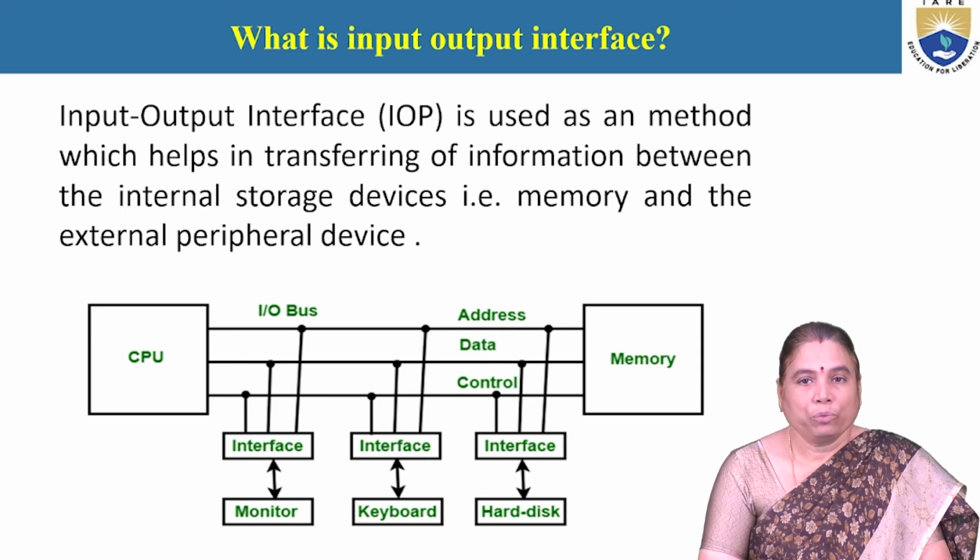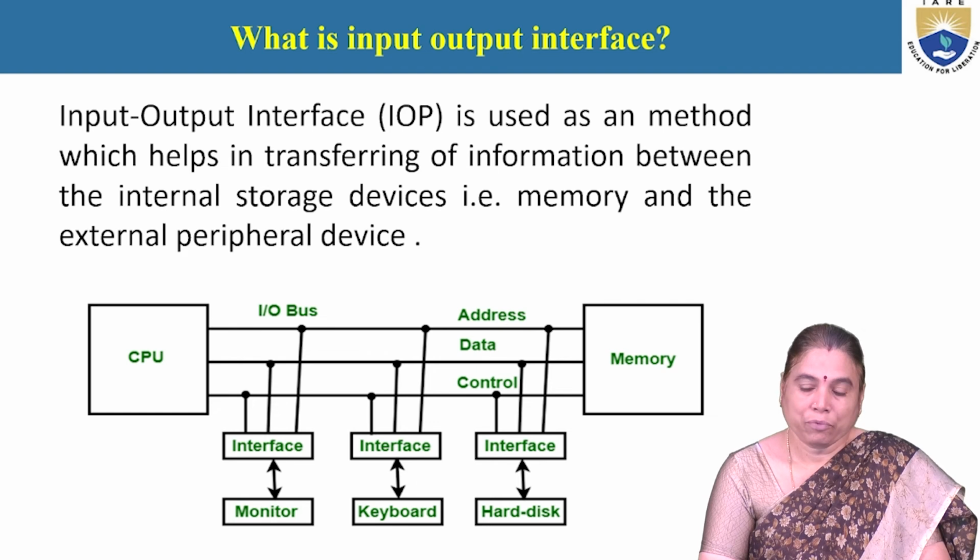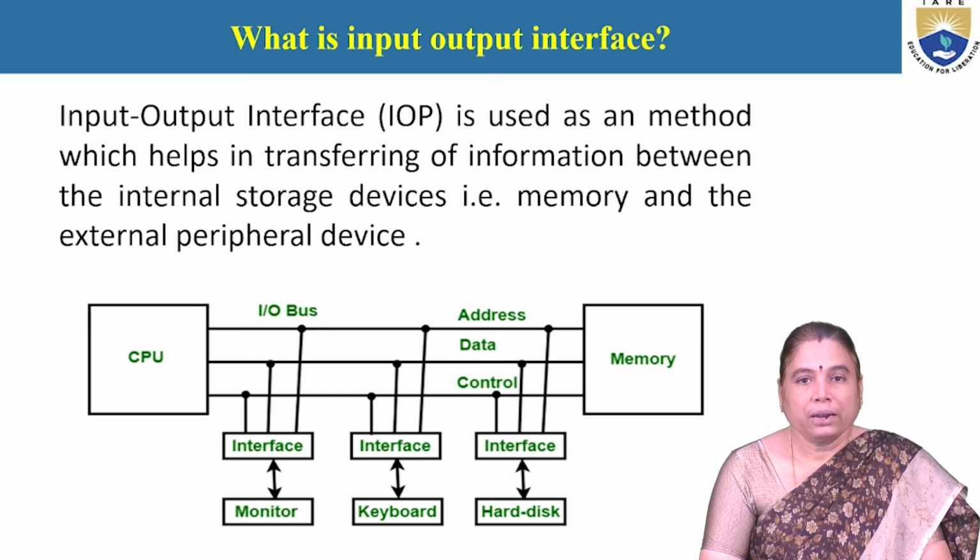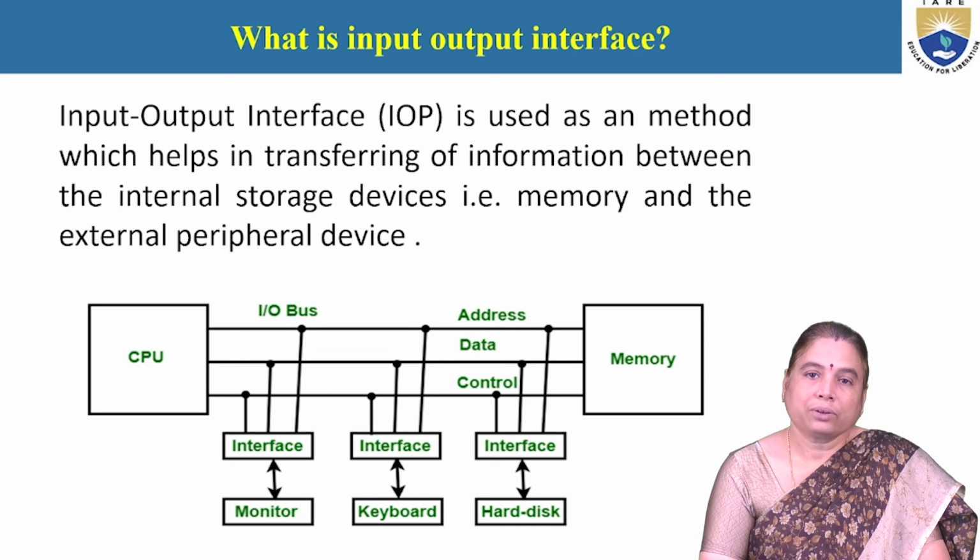What is the input-output interface? The input-output interface, in short referred to as IOP, is a method that helps in transferring information between internal storage devices, that is memory, and external peripheral devices.